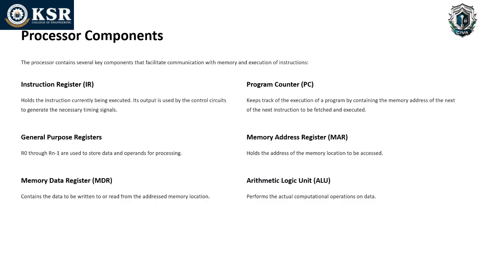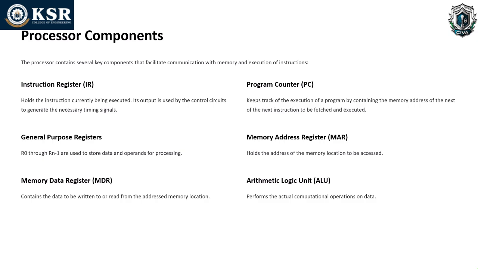Processor components. Commonly we know the processor is the brain of the computer, and it consists of several important components like the instruction register, program counter, general purpose registers, memory address register and ALU. The instruction register holds the instruction being executed. The program counter keeps track of the next instruction's address.